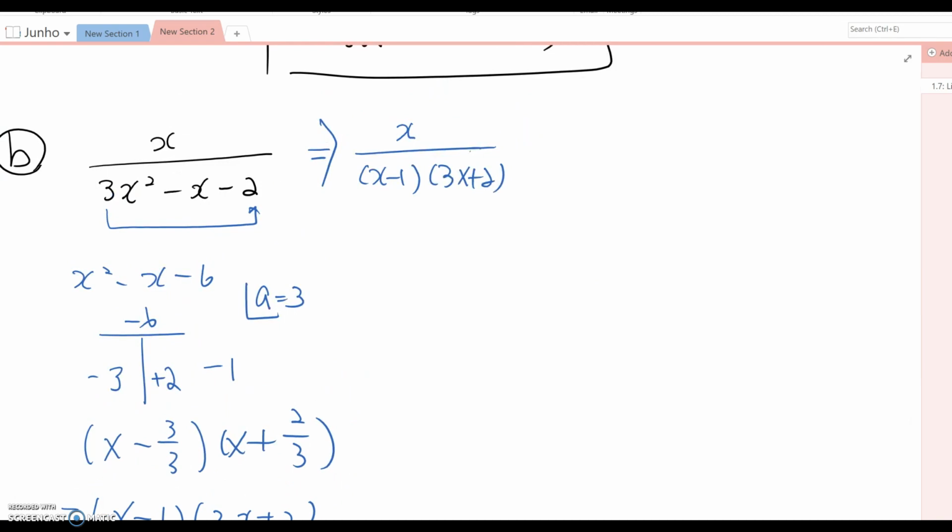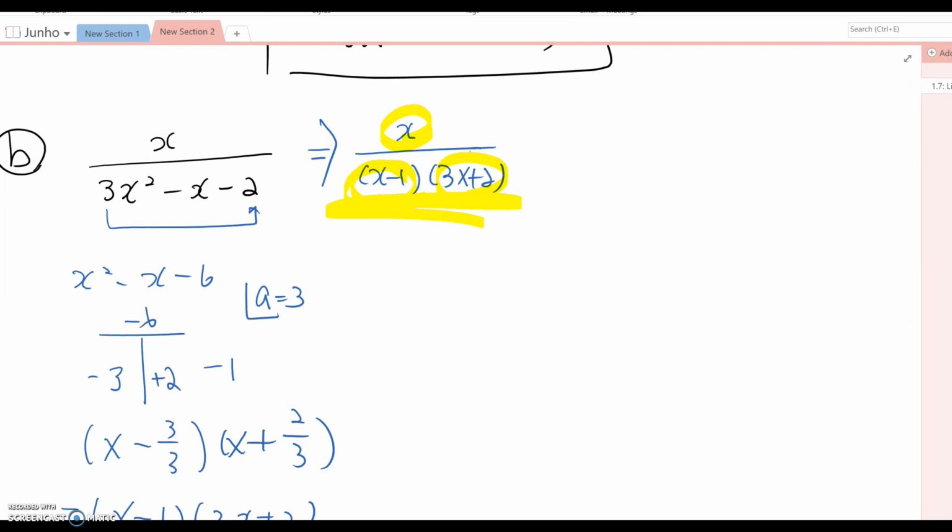As you see, we have two denominators, which are x minus 1 and 3x plus 2. You don't have to worry about whether it is a constant or just a variable or even some binomial or polynomial terms. The important thing is you need to find those two factors of the denominator.